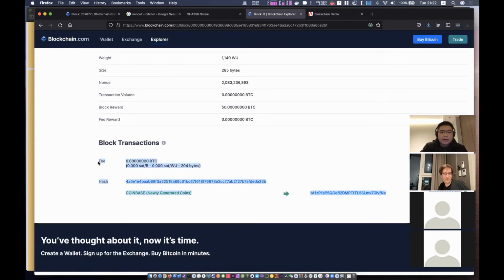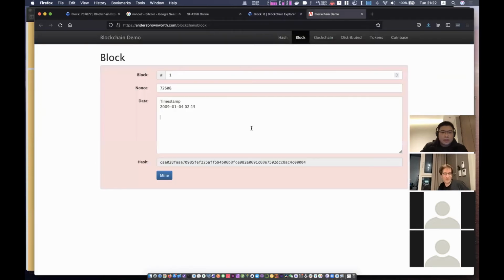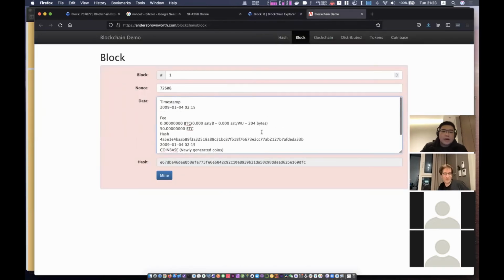Just do simple copies, something like this. So this is a block that no one has minted or created yet. So we have to find the nonce, this number, that matches a hash with 4 zeros in front of the hash.